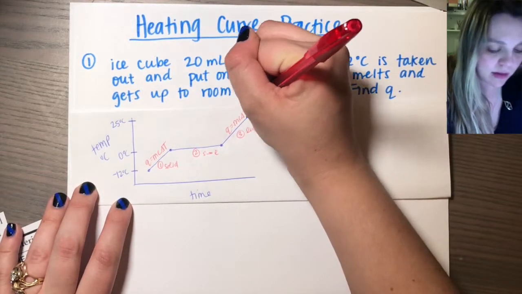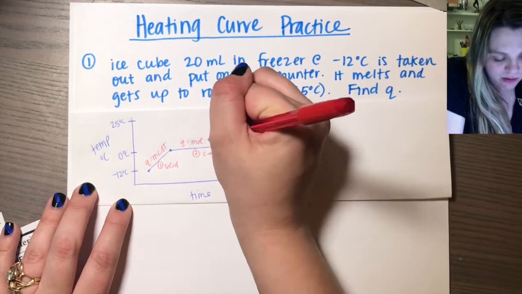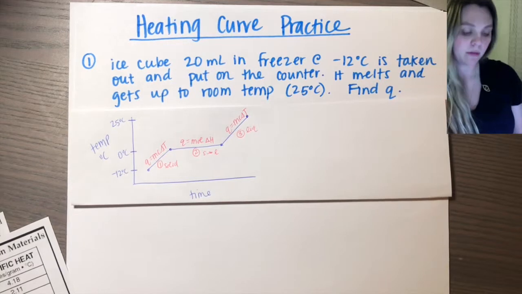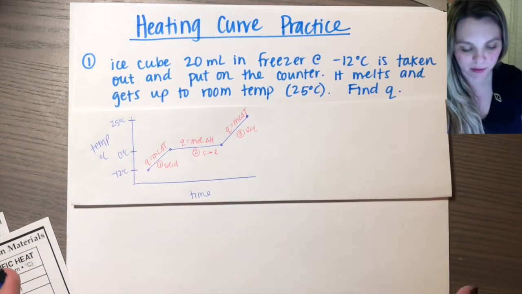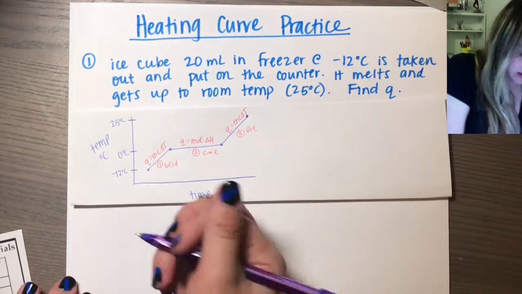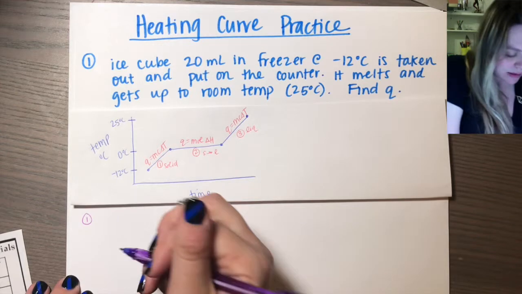And anytime there is a phase change, I'm going to use Q equals mole times delta H. Okay, so multi-step problem. Here we go. All right, so for part 1, I have Q equals mcΔT.